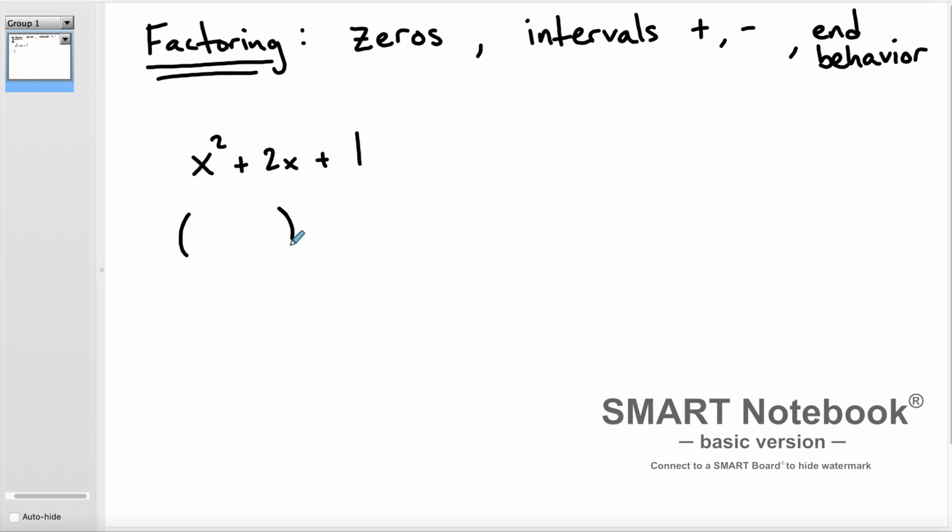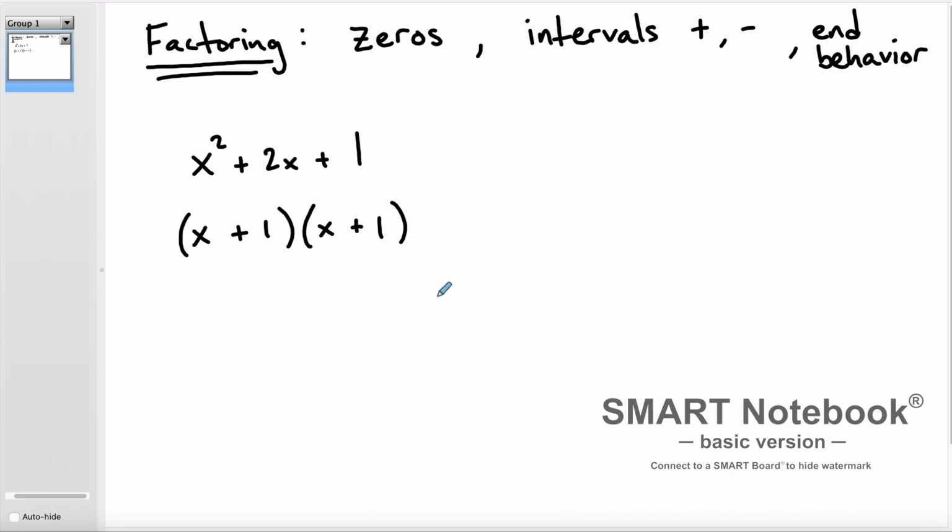And we remember to factor here, if there's no coefficient in front of the x squared, we're just going to have x and x. We need to multiply to our last number and add to the middle number. And so you can see here, 1 times 1 is 1. 1 plus 1 is 2. And so here's our factored form.